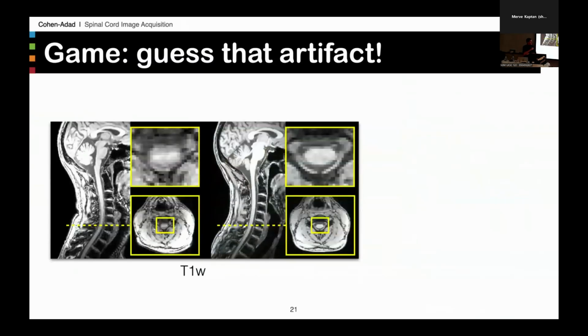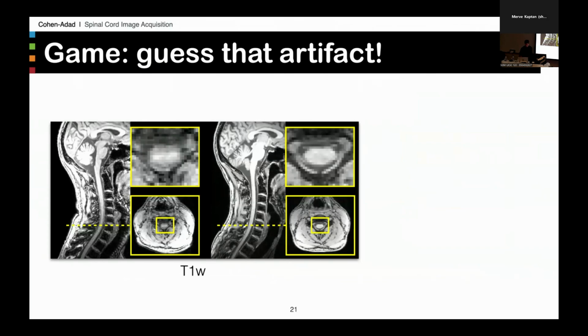So this is a T1-weighted image, okay? And the first question I'm going to ask, and I know people are shy, so we're just going to do it with a raise of hands. So the first question is, who thinks the artifact is on the left? Okay, who thinks the artifact is on the right?